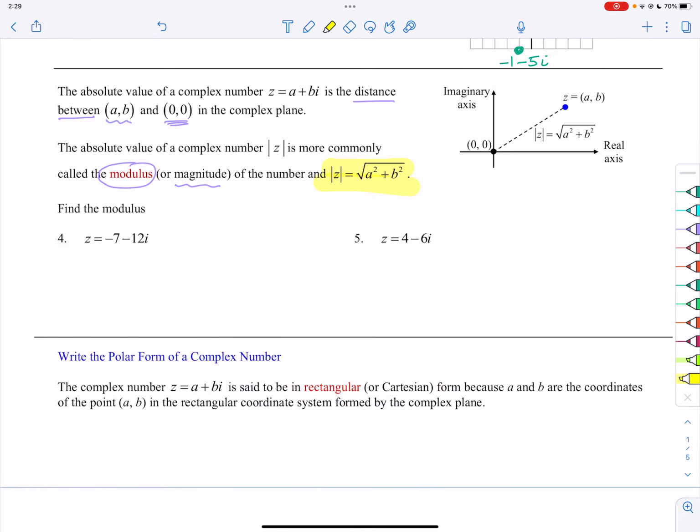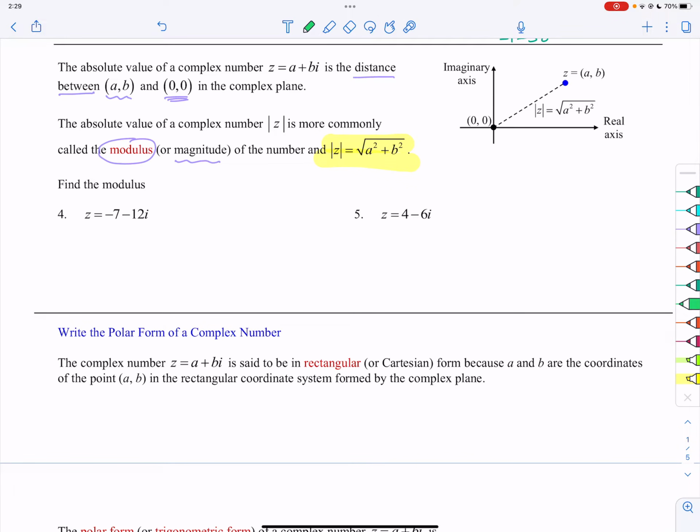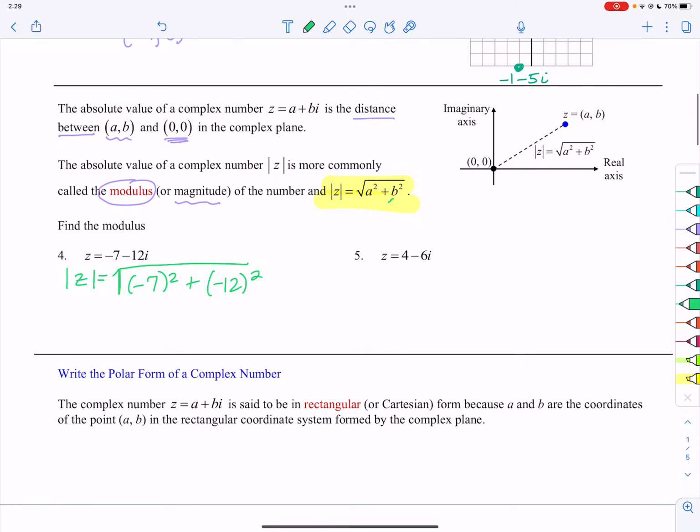So given z equals -7 minus 12i, we know that that modulus is equal to the square root of (-7) squared plus (-12) squared. Again, we are just taking this imaginary part only, not the i with it, okay?